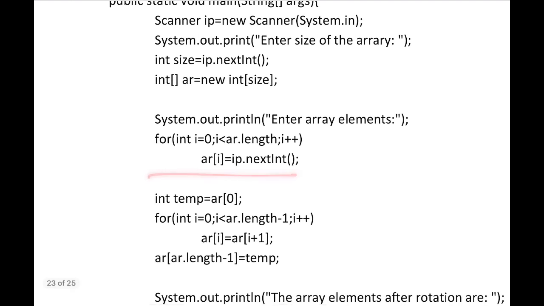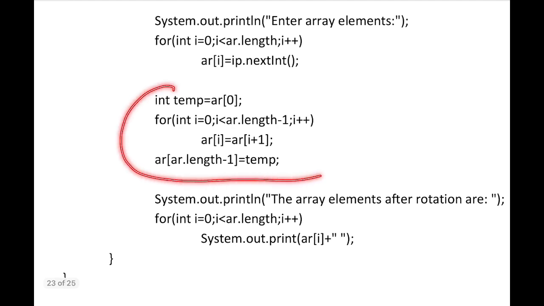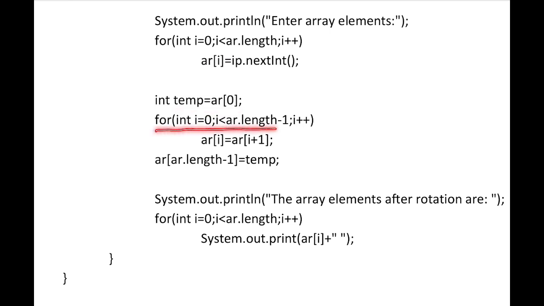So this part is exactly the same as the previous example. Now here we are shifting one element towards left. So we are using a temporary variable temp and storing ar of 0. Then for I equal to 0, I less than ar dot length minus 1, I plus plus, ar of I equal to ar of I plus 1. Then after the loop we are writing this one, ar of ar dot length minus 1 equal to temp.